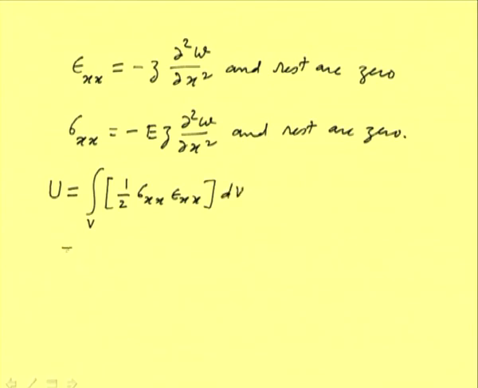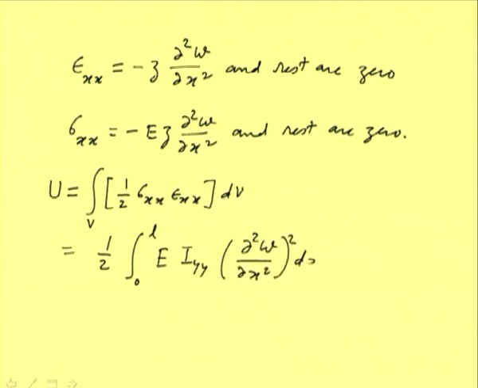So if you substitute these two expressions here and simplify, we will get these terms, where Iyy is given as the integral of z square dA. So this is the potential energy of the system.